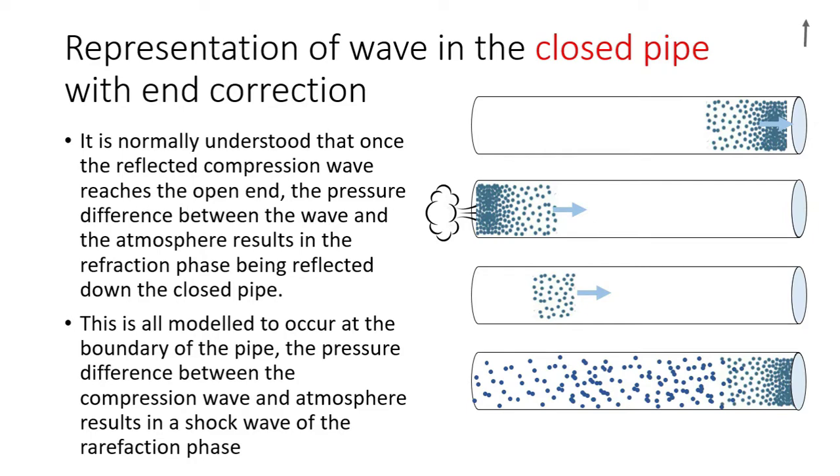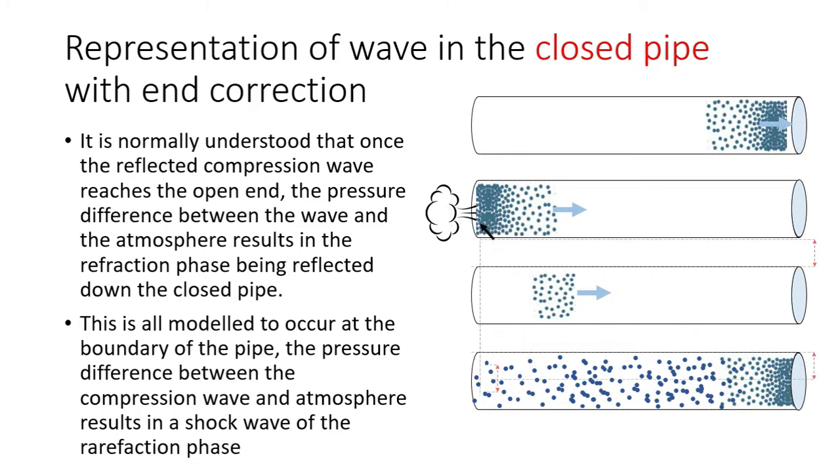So normally when we're talking about the creation of a standing wave in a closed pipe, it is understood that as that wave travels along the pipe, the compression phase, once it reaches the closed end, will hit the closed end and get reflected back to the open end.